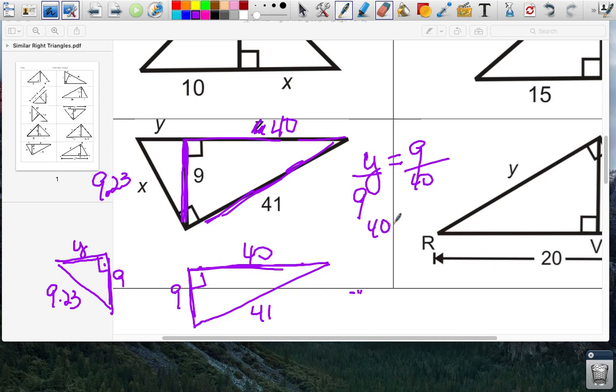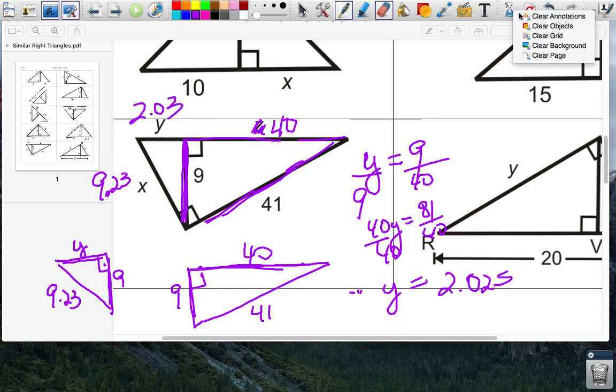So we got 40y equals 81, divided by 40, divided by 40, and y equals 2 point something. 81 divided by 40, and we get y equals 2.025. Or rounded, it's 2.03. How am I doing? Okay.